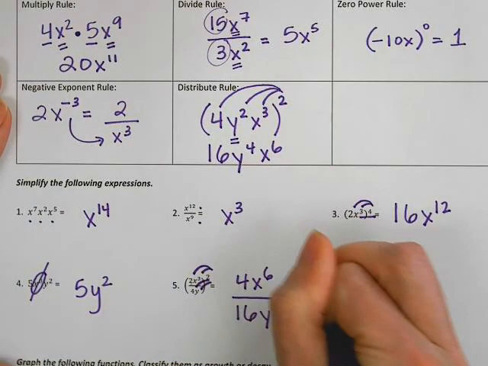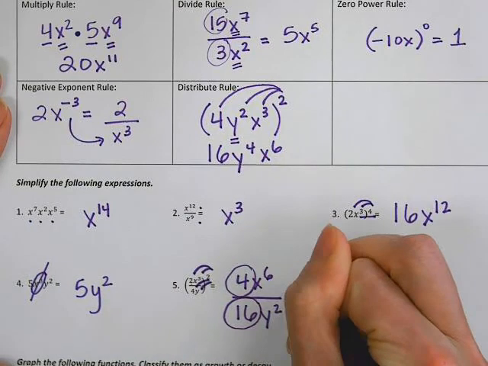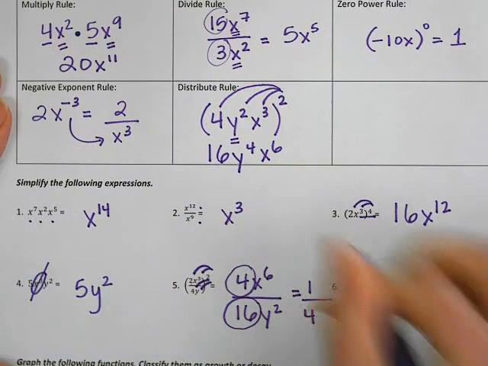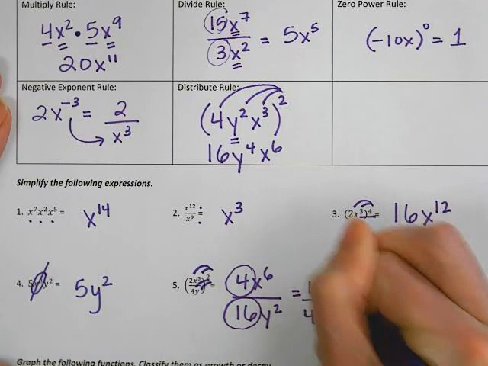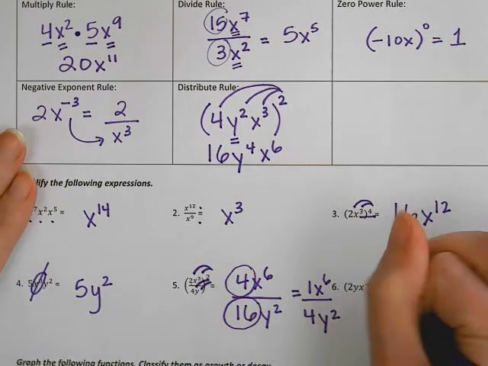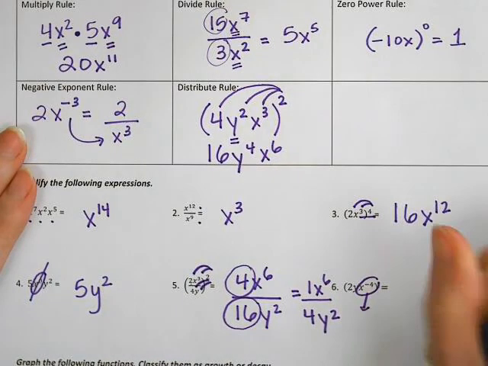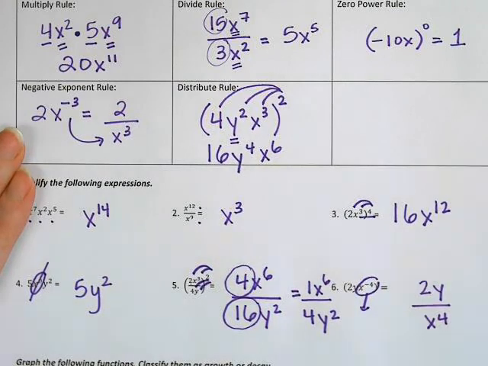And then we're not really done because 4 and 16 reduce to 1/4. So final answer is x^6 over 4y squared. And then number 6, if your exponent's negative, you drop it like it's hot. So that means the 2y stays, but the x^4 drops.